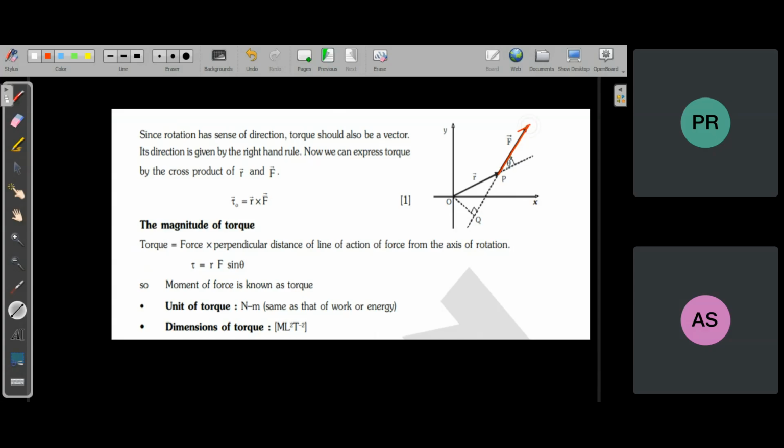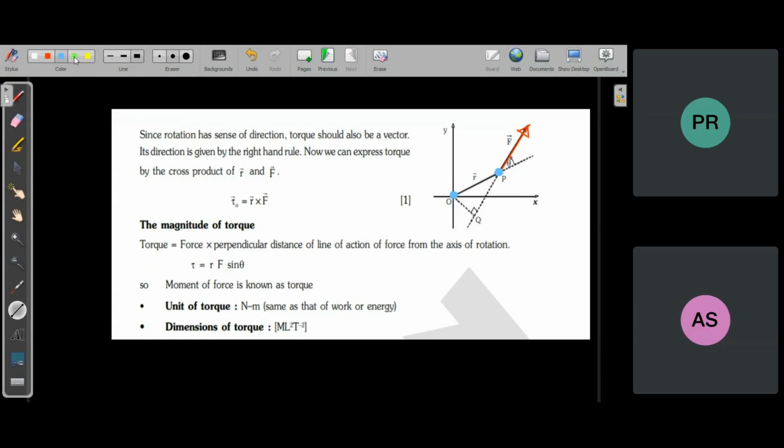So suppose force is acting here. If you see carefully, you will see the point of application of force is this point. Here force is acting, right? And now you have to find what is the rotational effect produced by that force about this point, point O. So that is called the torque about point O.